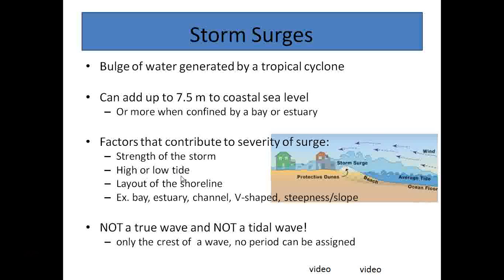If it's low tide, it's not going to add as much, but it still can be damaging, just not quite as high. Then there's the layout of the shoreline. If it's more gradual, with no major slope or increase in the land as the water comes in, then the water's not going to slow down as much and it can go in further.